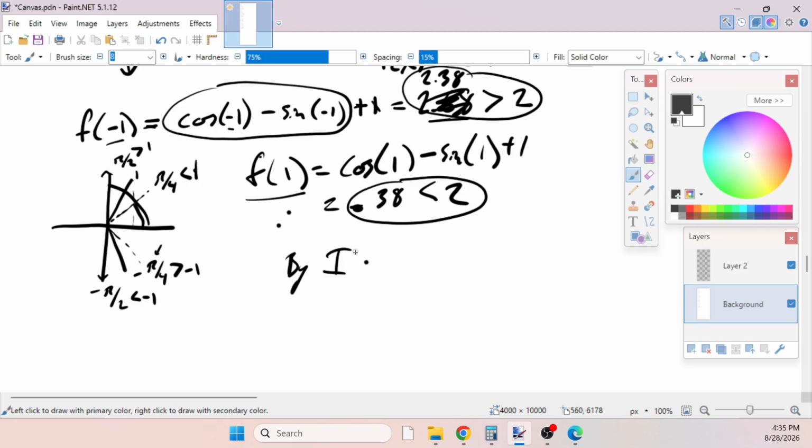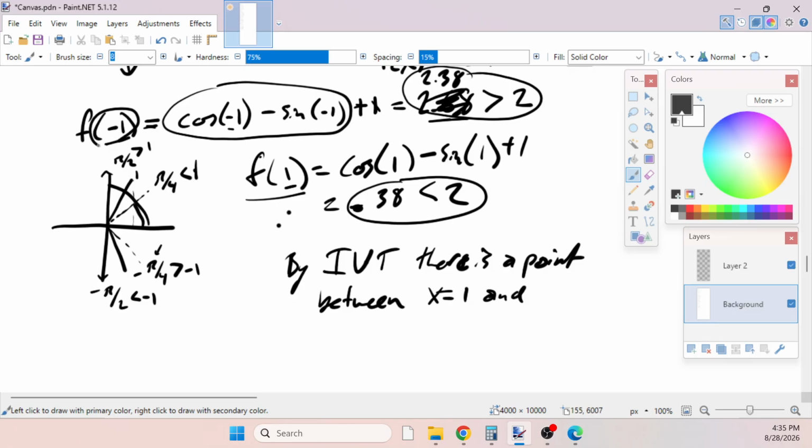by the intermediate value theorem, there is a point between x is 1 and x is -1. Give it a name, c.